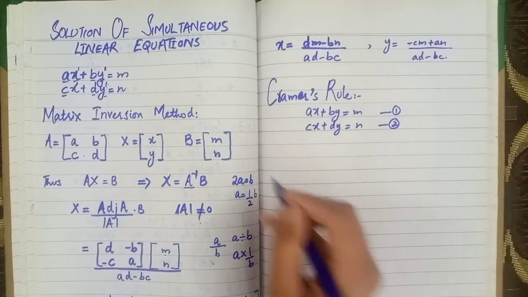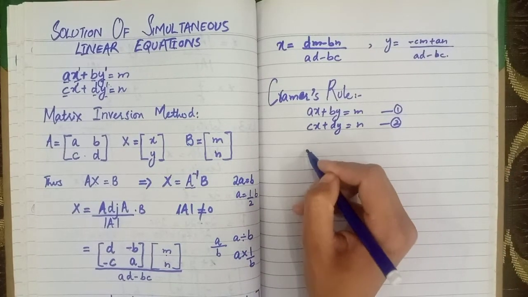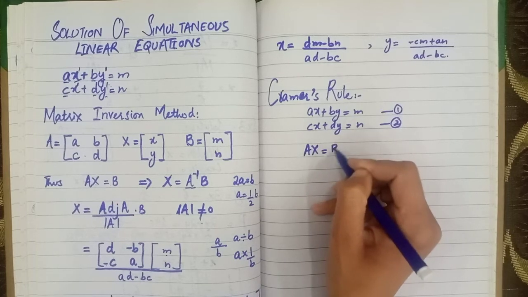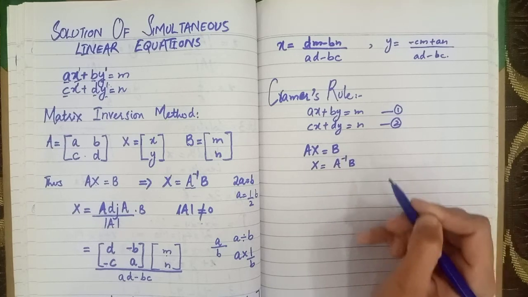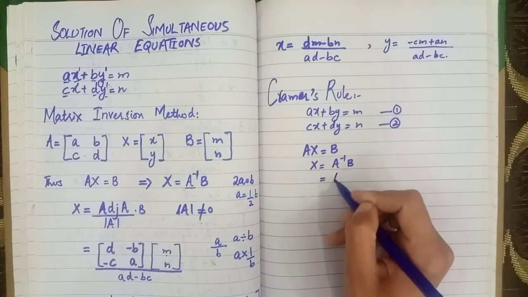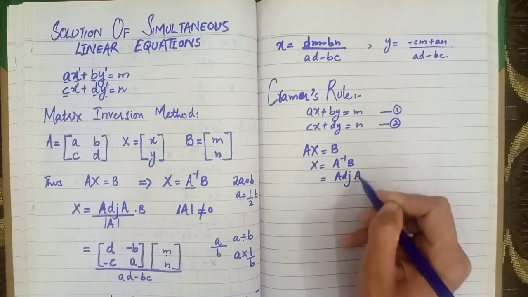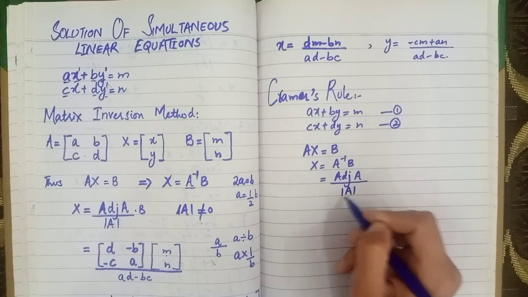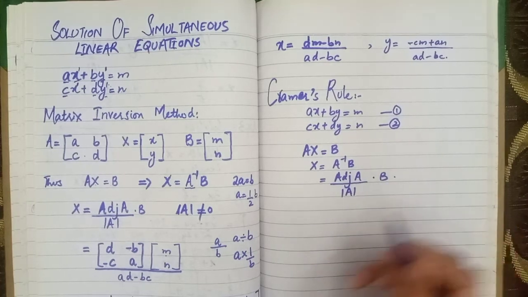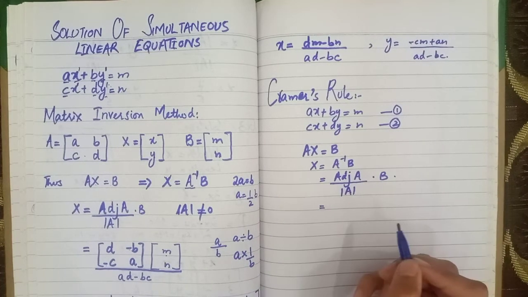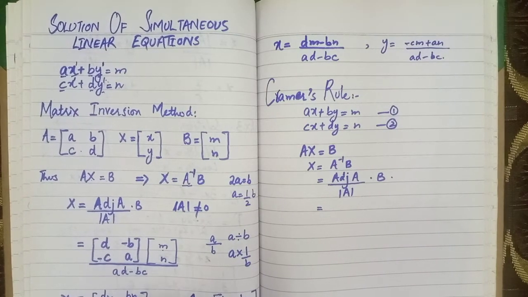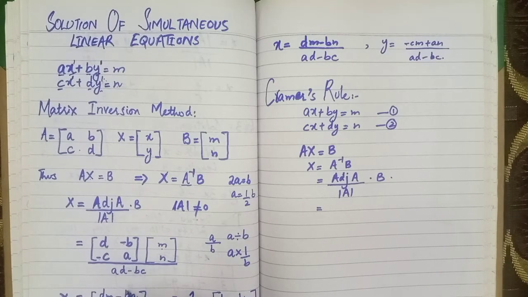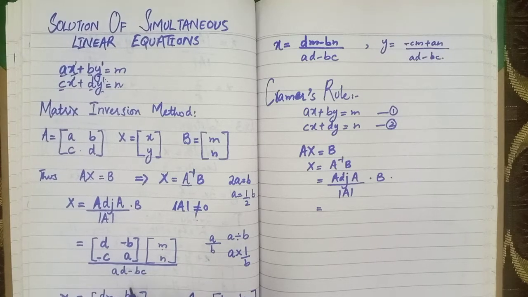We know that Ax equals B, then x equals A inverse B, which is adjoint of A divided by determinant of A into B. What was the answer? You can see the answer is adjoint of A divided by determinant of A.